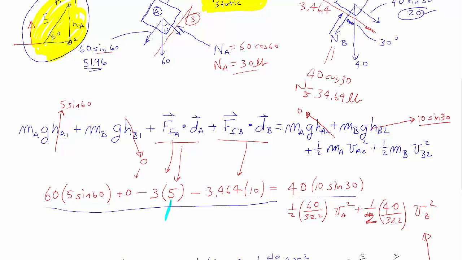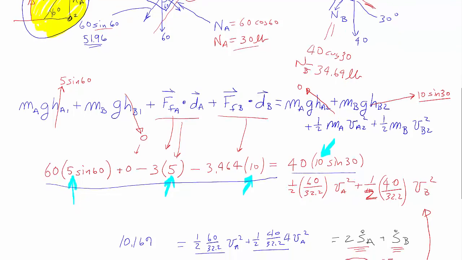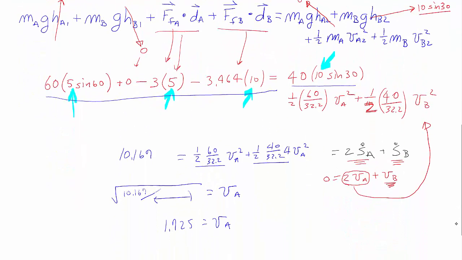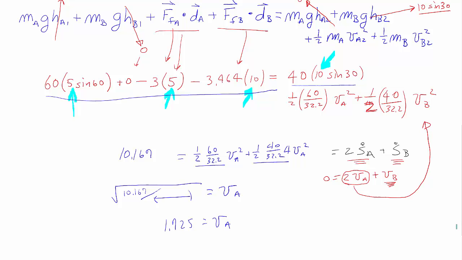Here's my 5. Here's my 5. Here's a 10, which is related to 5, and so is that one. Now, I'm proposing a question. How far does it have to go down the plane until it's scrubbed off the energy? Is it possible that it could do that?